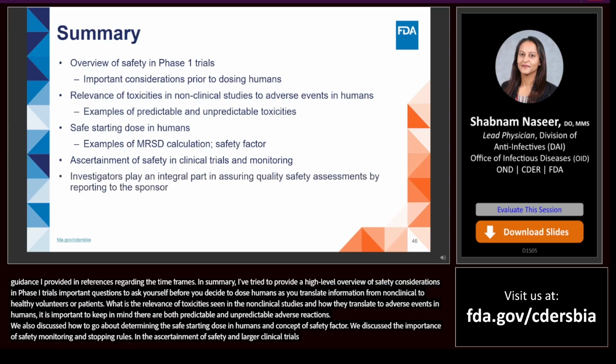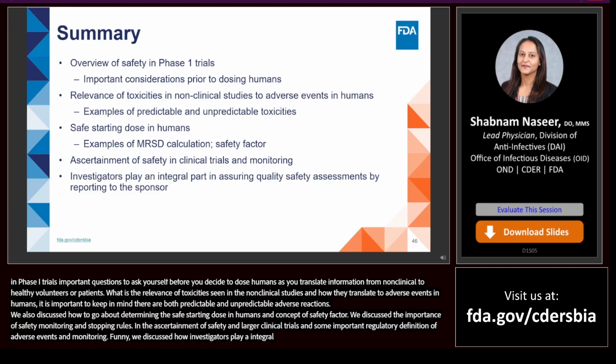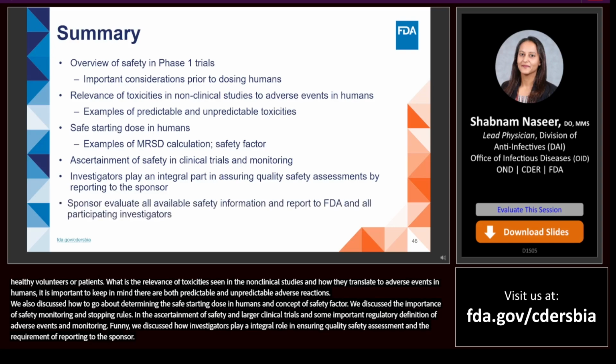Finally, we also discussed how investigators play a really integral role in assuring quality safety assessments and the requirements of reporting to the sponsor. And then in turn, we discussed how the sponsor will evaluate all available safety information and report to the FDA and all participating investigators.